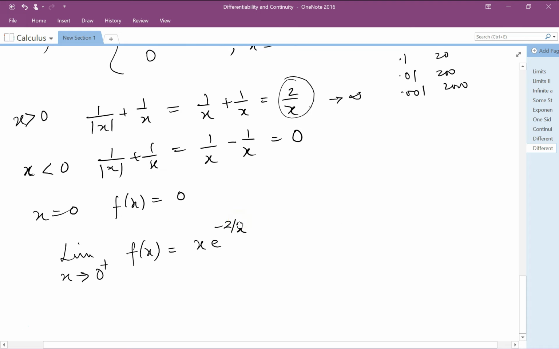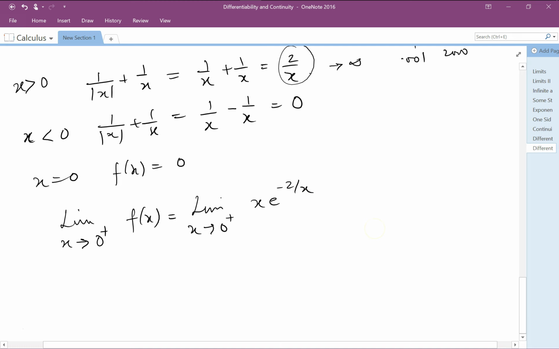And when we actually take the limit, limit as x approaches 0 from the positive side of x e to the power of minus 2 by x, x will tend to 0 times e to the power of, what will happen? Minus infinity. So which means this will be 0.